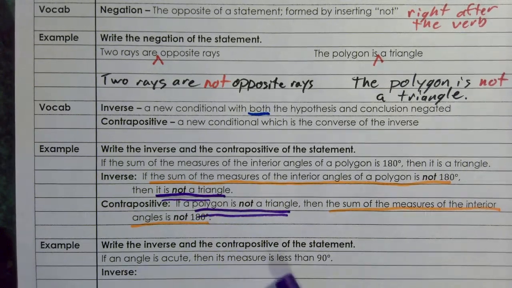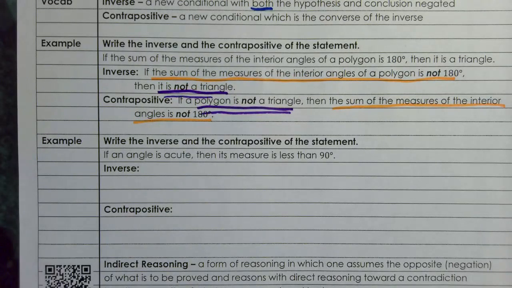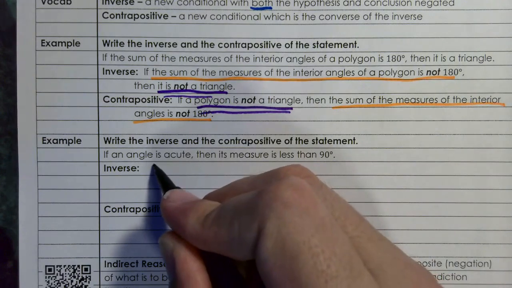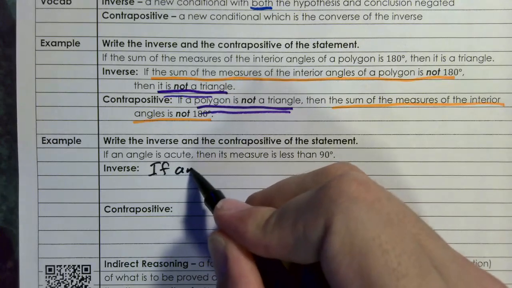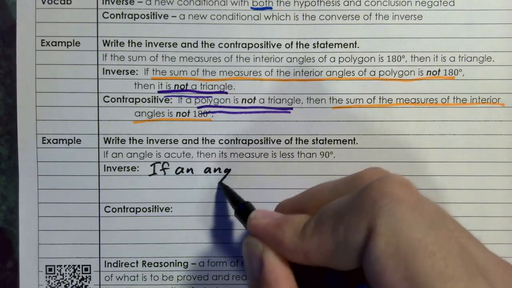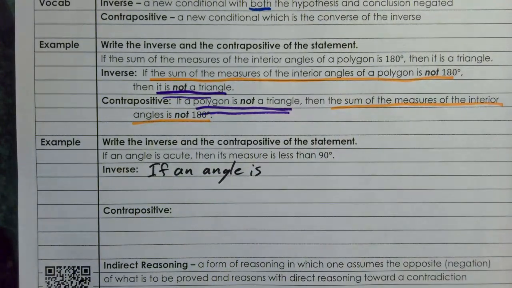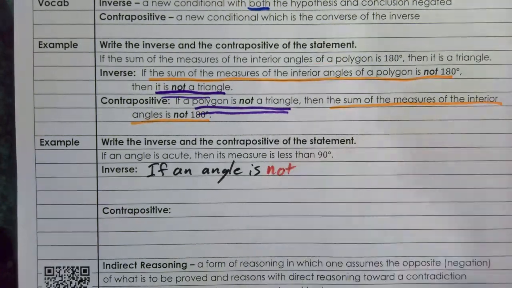So we want to write the inverse and the contrapositive of this statement. About time we do one. For the inverse, we're going to need to stick nots in both the if and the then part, the hypothesis and conclusion. So we're going to put them right after the verbs. If an angle is, oh, there's our verb. So we're going to put right after the is, not acute.